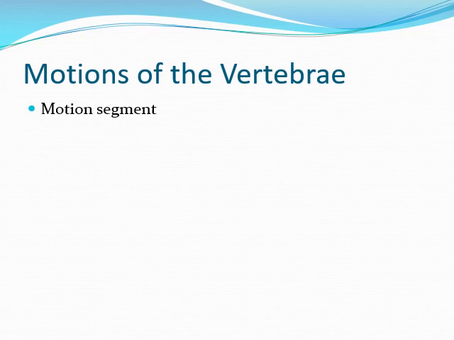So a movement segment at the spine consists of the 2 adjacent vertebrae, so the 2 vertebrae that are immediate to each other, the 3 intervertebral joints, okay? That's the articulation between the vertebral bodies, the discs, the longitudinal and segmental ligaments, which we're going to talk about, and the capsules of all the facet joints, okay?